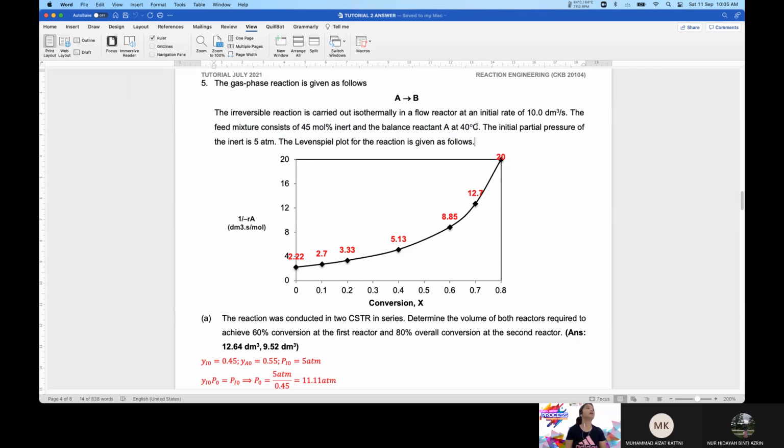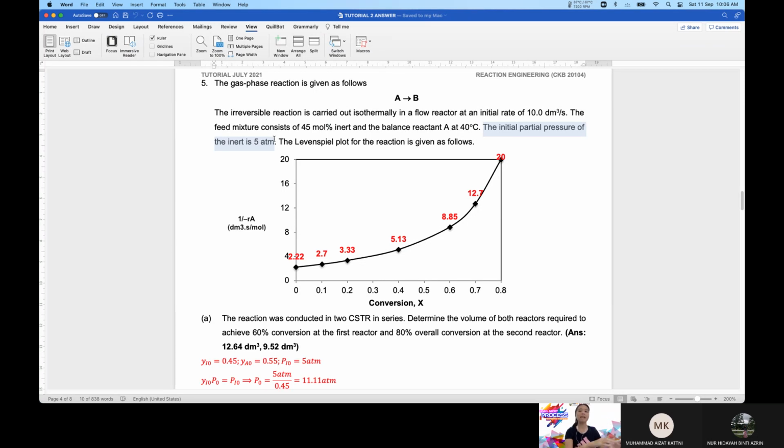Dia kata lagi, initial partial pressure of inert 5 atm. So dia beri kita information lagi, tekanan gas lengai tu pada waktu asal sebagai 5 atm. So you see this question can be a bit misleading. Design reactor ni mesti berdasarkan A, tapi dia tak beri kita information A. Dia beri kita information pasal gas lengai ni.